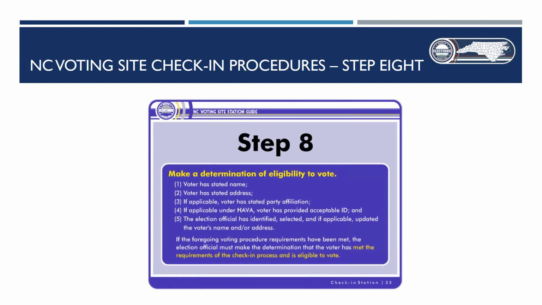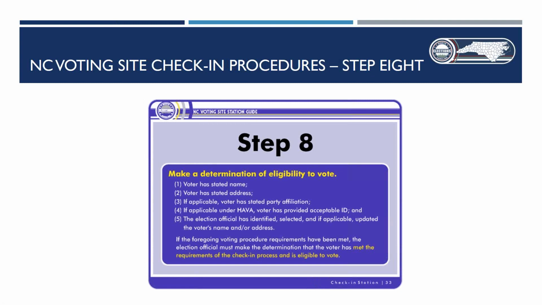Okay, so now you're at the end of the process, and having gone through all of the foregoing steps, the voter has stated her name, address, if applicable, party affiliation, if applicable, HAVA. So the official, having identified, selected, and if applicable, updated the voter's name and address, is now prepared to announce that the voter is eligible and issue a vote authorizing document.